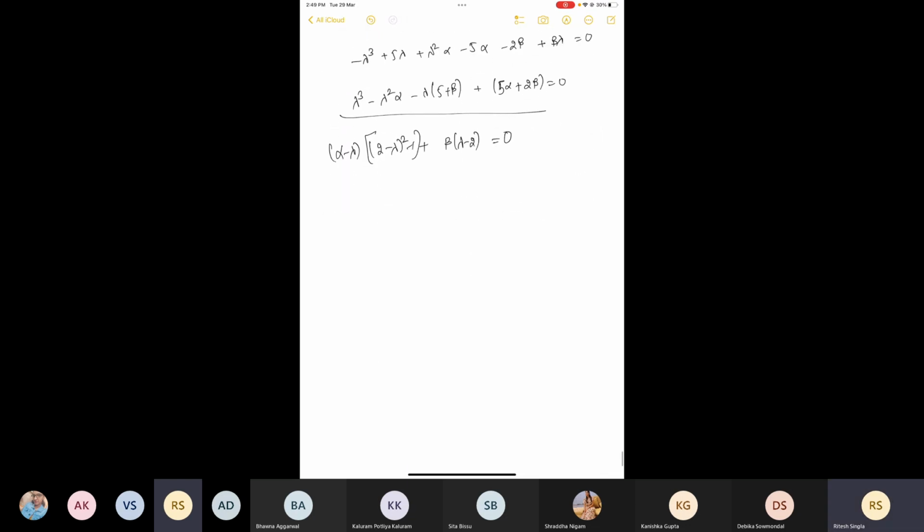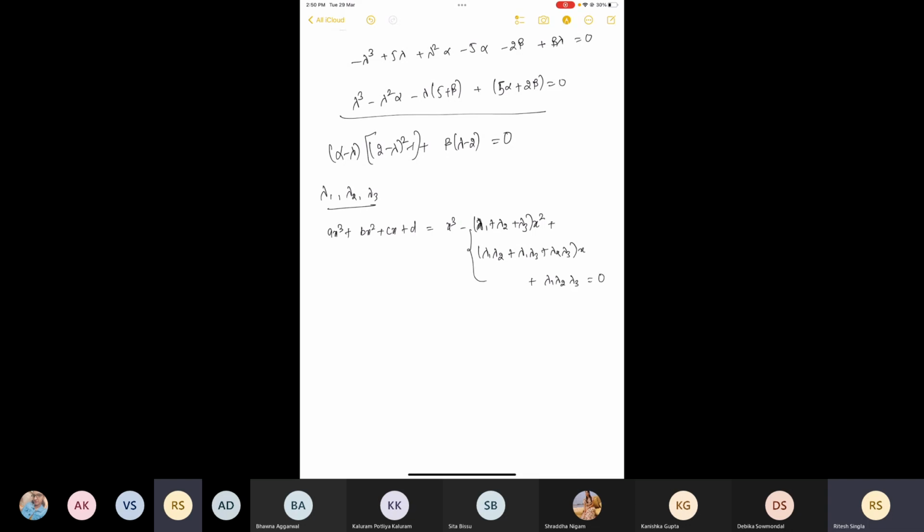So what I will suggest is, if lambda 1, lambda 2, lambda 3 are the roots, then we have certain conditions which you might have done in your junior classes, that any ax cube plus bx square plus cx plus d can be written as x cube minus (lambda 1 plus lambda 2 plus lambda 3) times x square plus (lambda 1 lambda 2 plus lambda 1 lambda 3 plus lambda 2 lambda 3) times x minus lambda 1 lambda 2 lambda 3 equals 0.